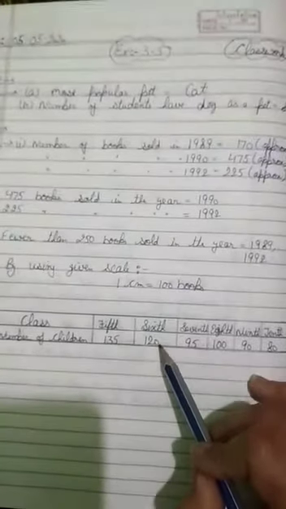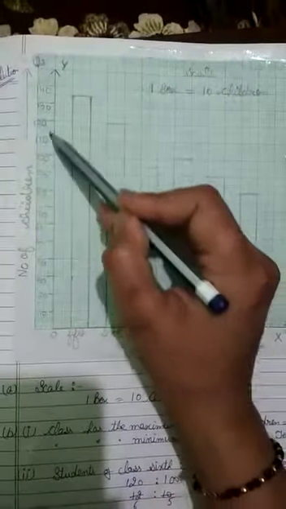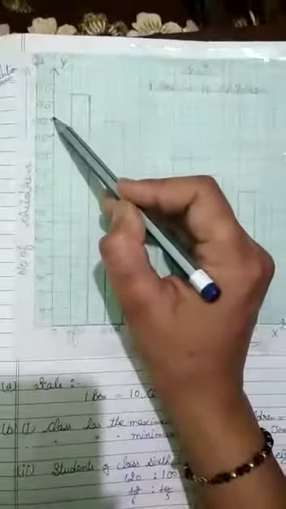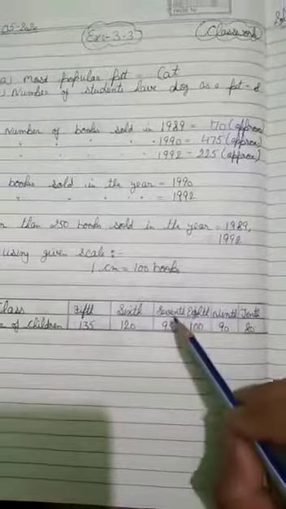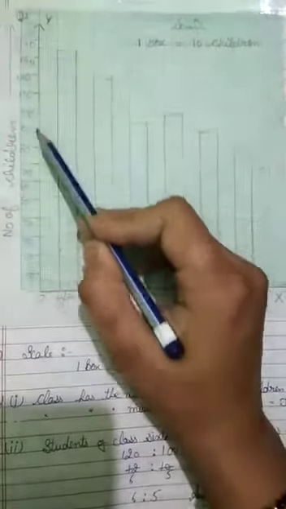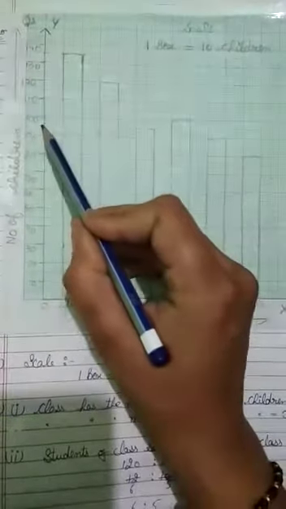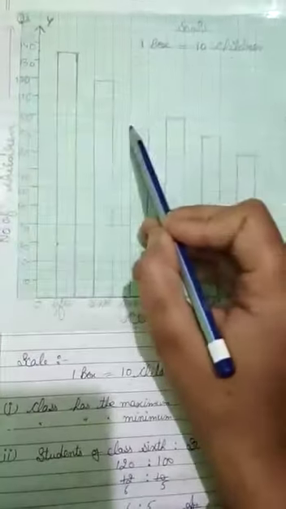Now check how many students are there in 6th class? 120. So where is 120 in your bar graph? That is 120 here. So 120 students are of 6th class. Same in 7th class, 95. Now where is 95? 95 lies between 90 and 100. That is here. So draw 95 here.